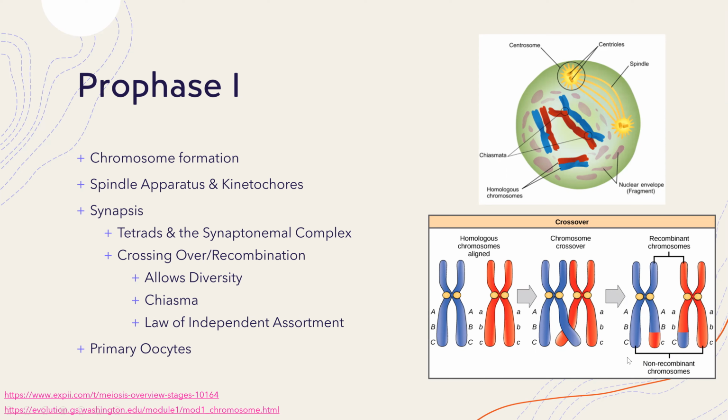And the point of contact between the two homologous chromosomes, as we see here, is called a chiasma or chiasmata, singular and plural. And this recombination really just exemplifies Mendel's second law, or the law of independent assortment, which says that the inheritance of one gene doesn't affect the inheritance of a second gene.